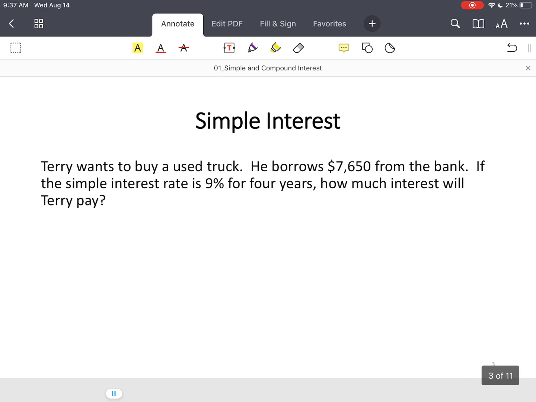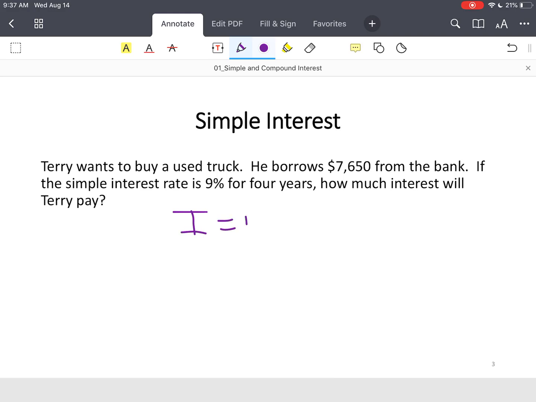All right, so here's a real quick, simple example. Terry wants to buy a used truck. He borrows $7,650 from a bank. If the simple interest rate is 9% for 4 years, how much interest will Terry pay? All right, so just like with all formulas, write your formula.